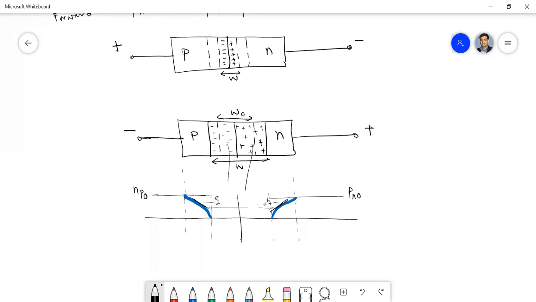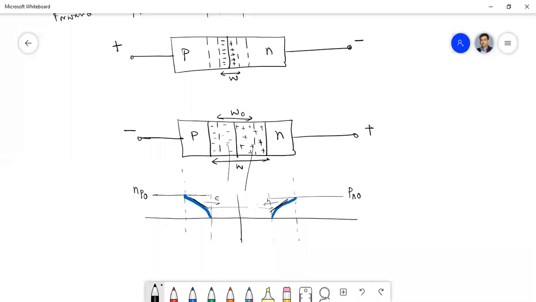Actually, that I have not discussed. There is an equilibrium between drift and diffusion. I don't have that much time to go into those details. During open circuit, some equilibrium is established between drift and diffusion.